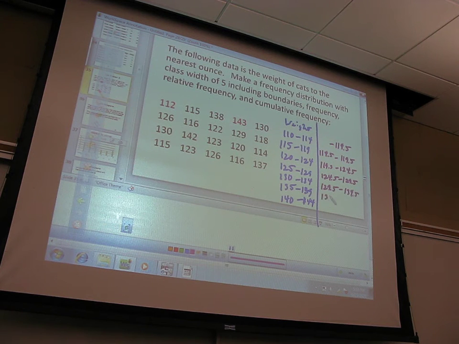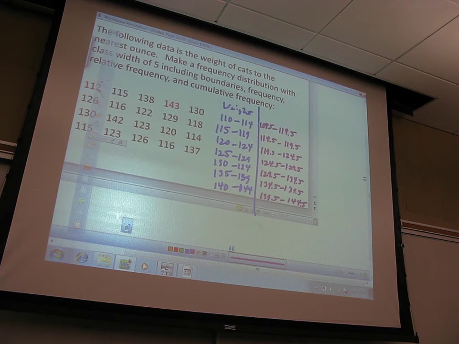Good. And then how do you find that last one? The easiest way is to take 114.5 and subtract the class width. So then I'd get 109.5. Kind of the simplest way.